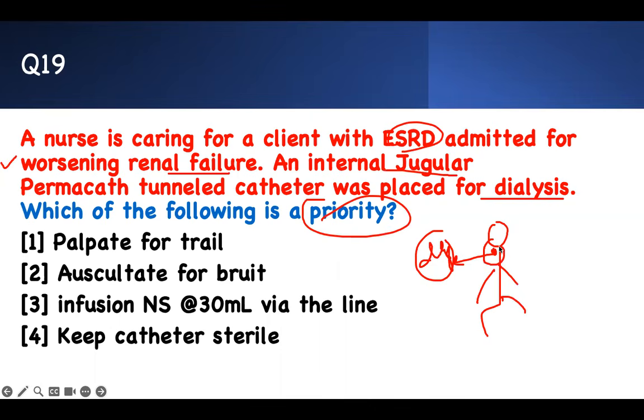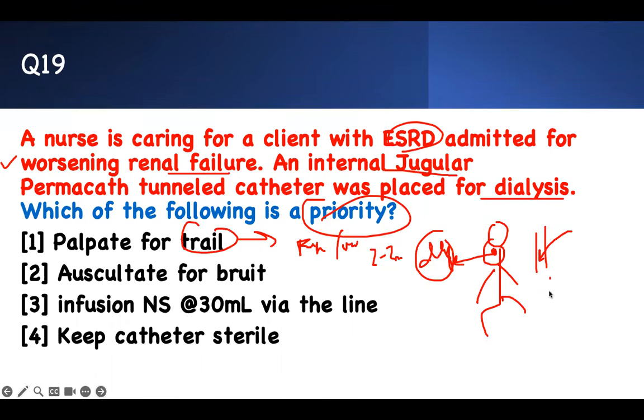Therefore, what do you think? Palpate a thrill? No, this is usually when you create a fistula or graft, because it needs time to mature. It takes like 2 to 3 months for you to see a thrill or a bruit, and they have not matured. This just happened. These ones, they don't do that because it's going through the vein. If this is the vein, I just put it in like an IV.